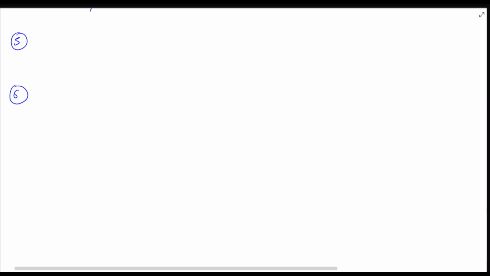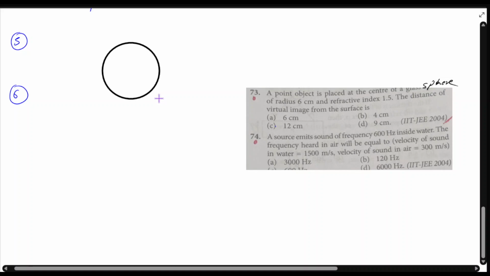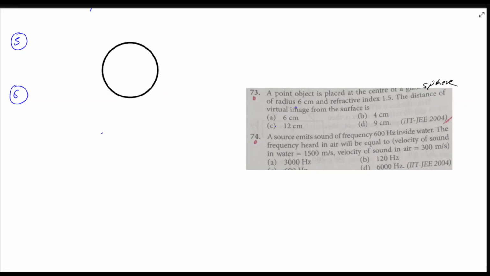Let's move on to the last two questions, fifth and sixth. A point object is placed at the center of a glass sphere of radius 6 centimeter. So we have a sphere, and the object is placed at the center. The refractive index is 1.5.